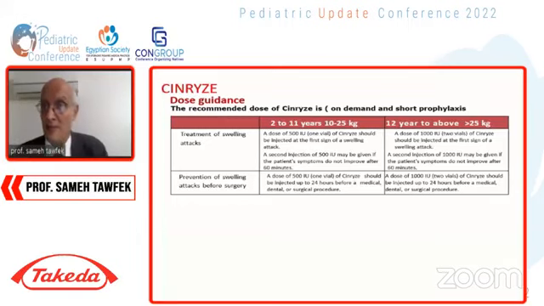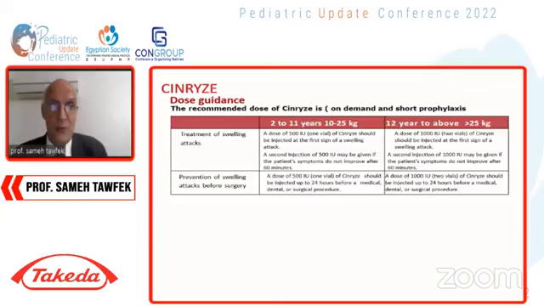But if children are 12 years or above 25 kilograms, doubling the dose: 1,000 international units instead of 500 international units, with the same repeated within 1 hour if no improvement of the edema or the attacks.